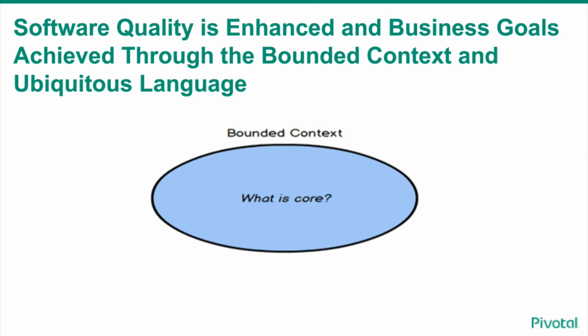Software quality is enhanced because the business goals are addressed. We're not just focused on the data model, but we're focused on business process, business behavior, and this is all reflected in a core model through its ubiquitous language.